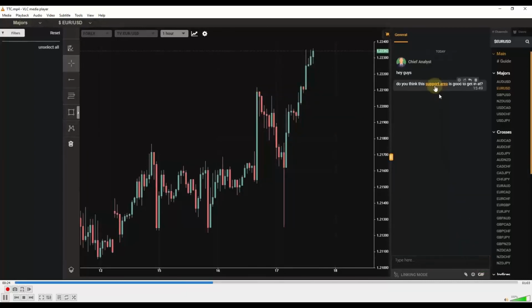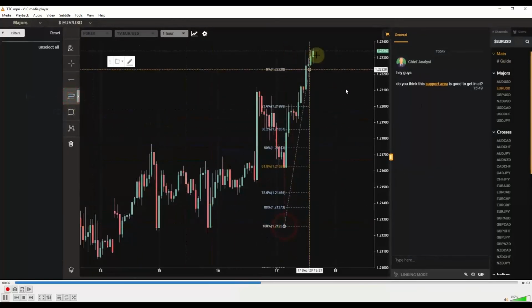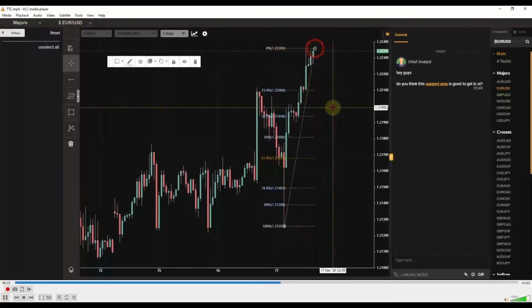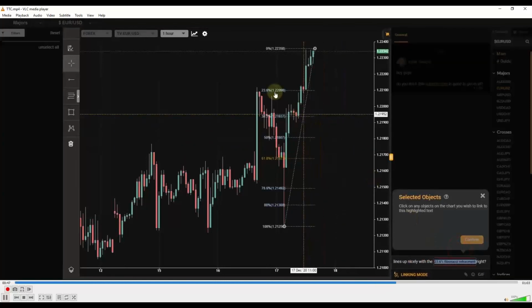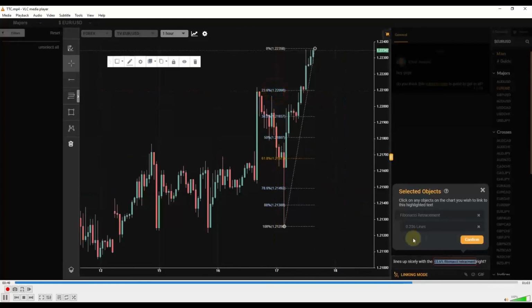So what happens is we send this message, and when I read the message, I can see that the chart will automatically light up. If you're practicing your Fibonacci, you might want to ask something like, it also lines up nicely with the 23.6% retracement. How you're drawing it, you can highlight it, link it to the chart, and select the 23.6%.